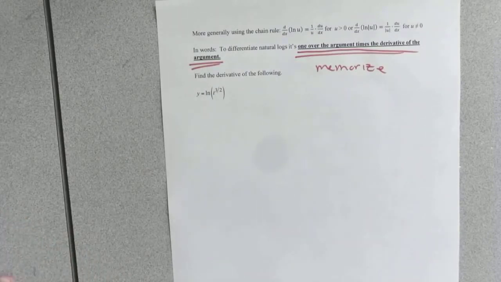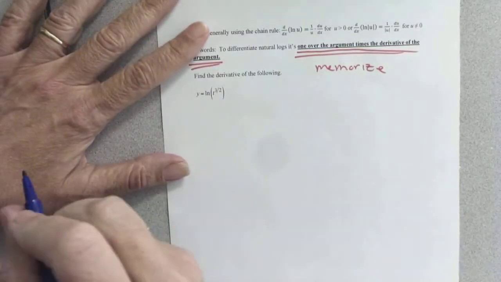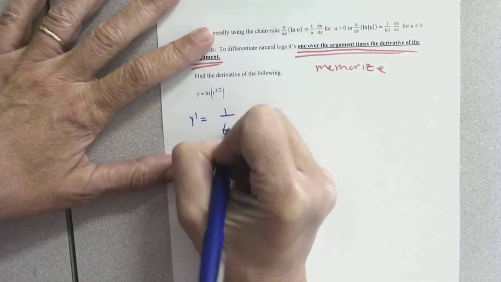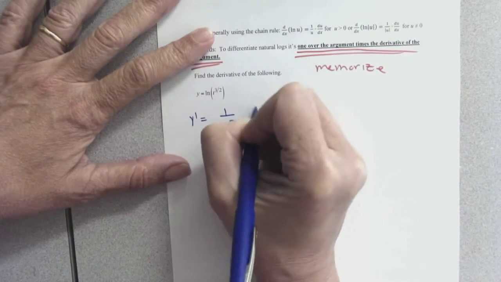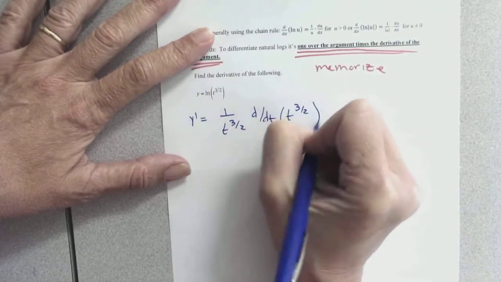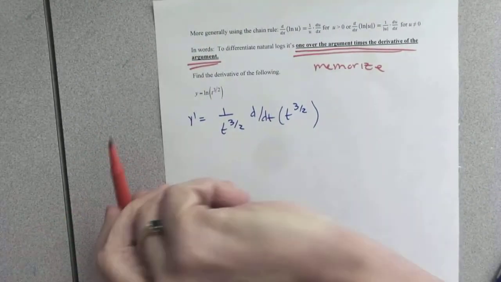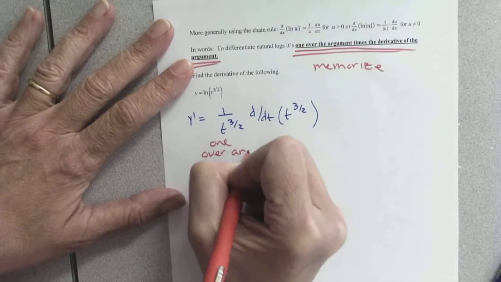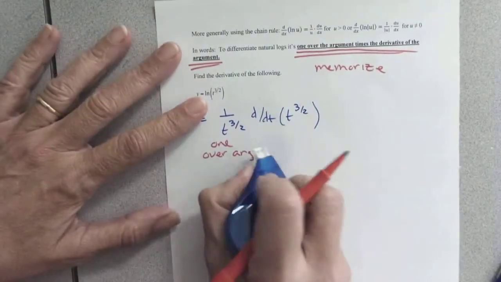So let's start differentiating. And we'll do this guy twice. Doing it just with my words. 1 over the argument, and then very, very specifically, showing way more detail than you have to do, derivative of the argument. So 1 over argument, ARG is argument.